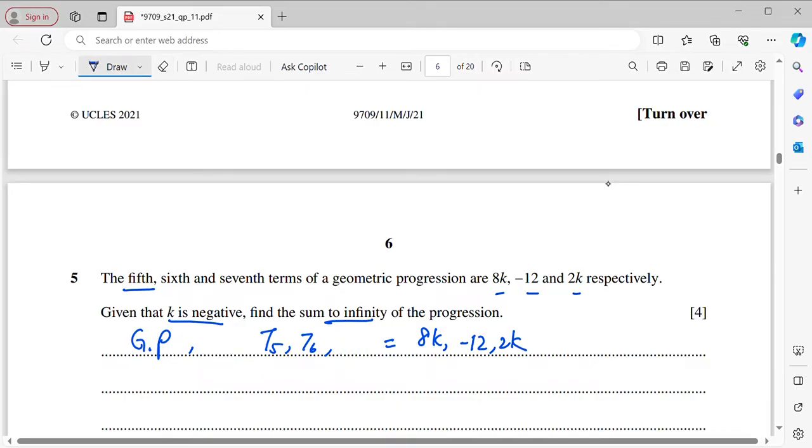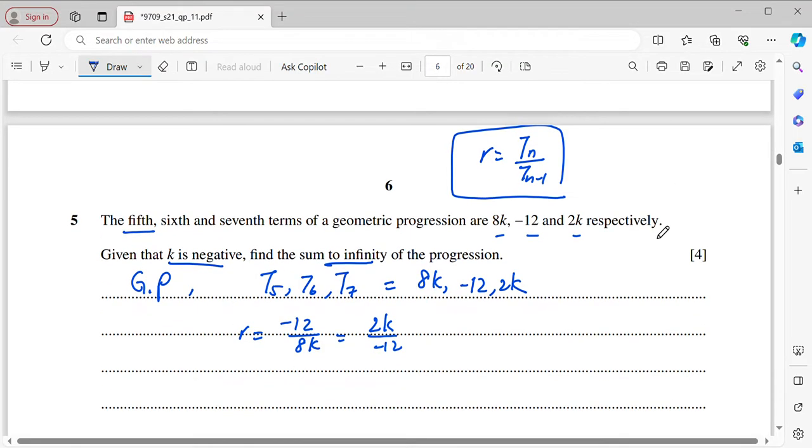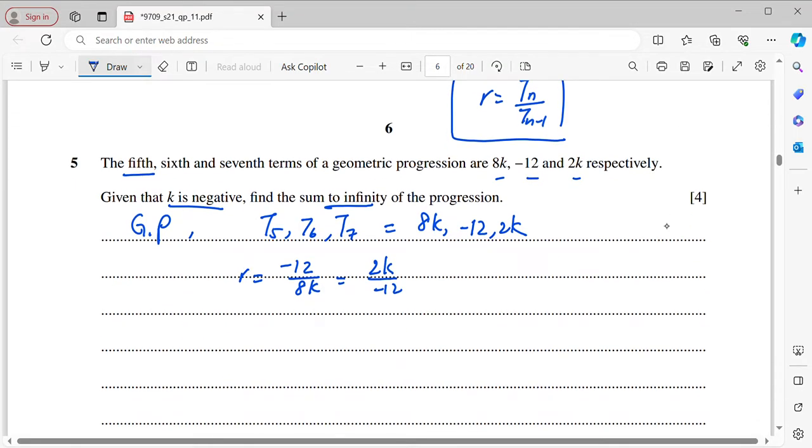For a geometric progression, we need to find the common ratio. The common ratio is r equals Tn over Tn minus 1. So I will write minus 12 over 8k equals 2k over negative 12. This is our common ratio. Then we need to find the k first, because S infinity is a over 1 minus r, so I need to find a and r.